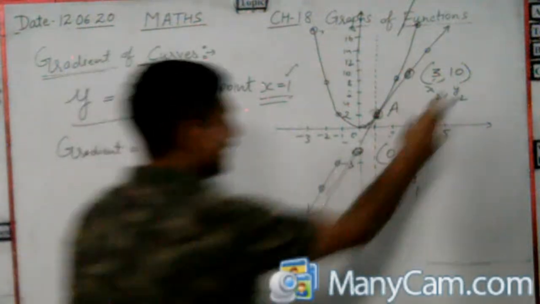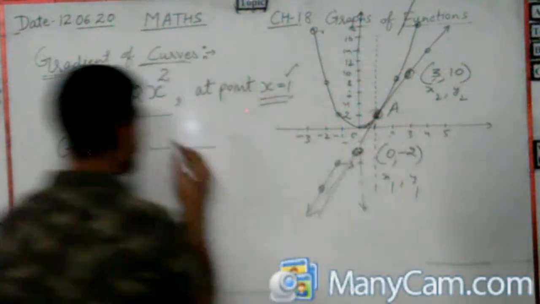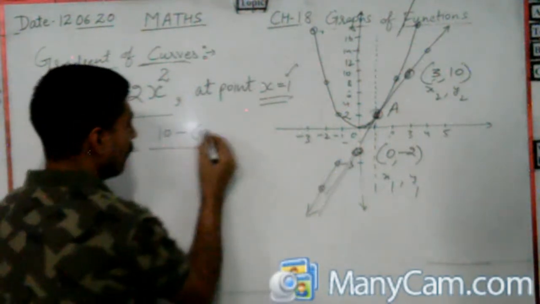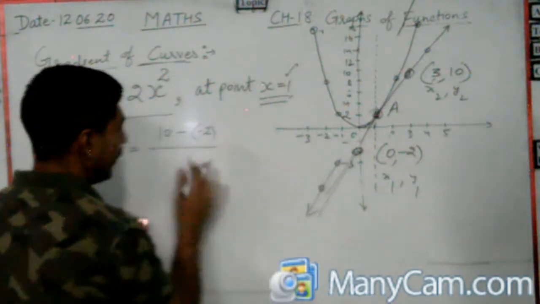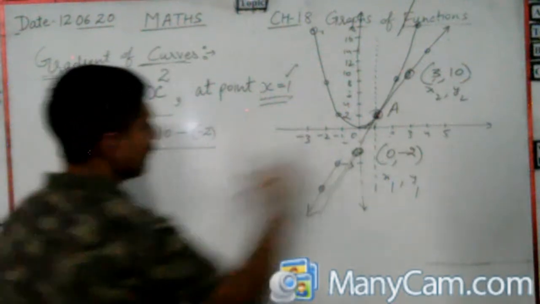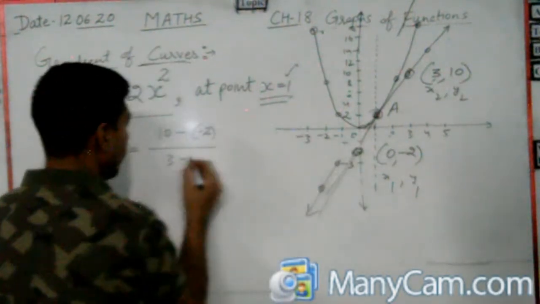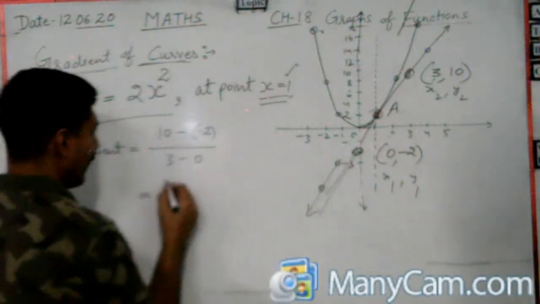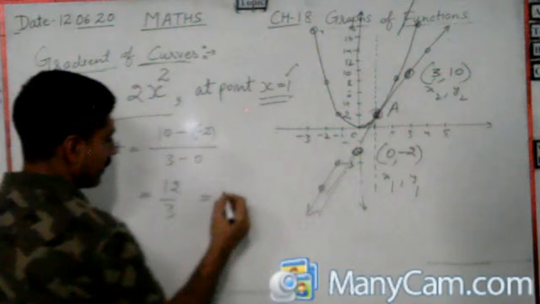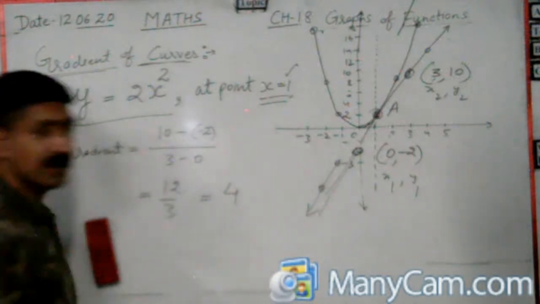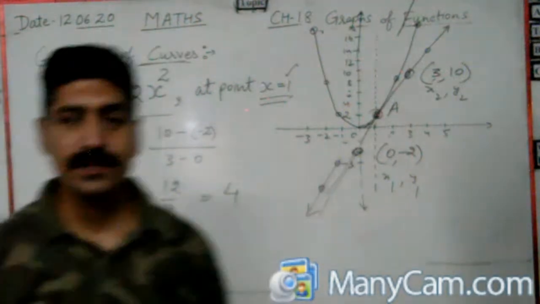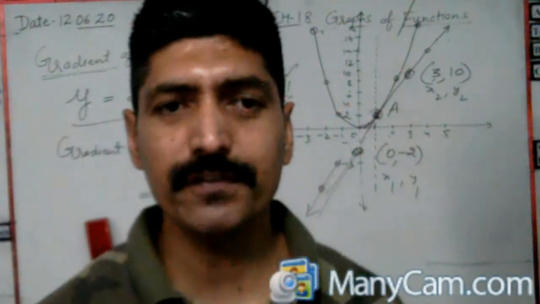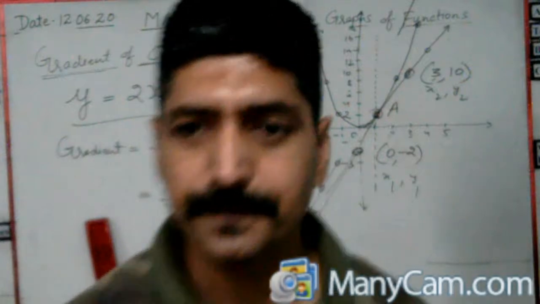So here 10 minus of minus 2, and here we have 3 minus 0. So we have 12 upon 3. So the gradient of the curve is 4 here. I hope you are clear with the gradient of the curve.